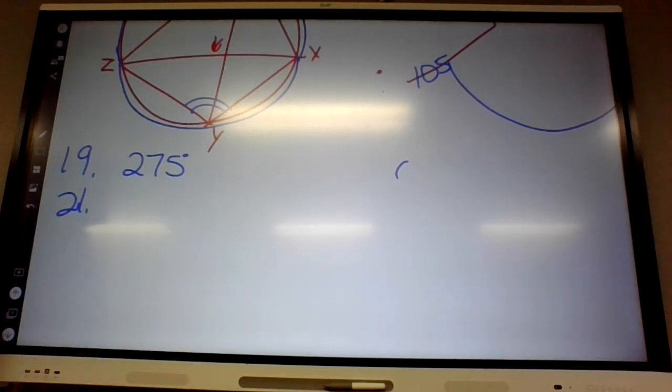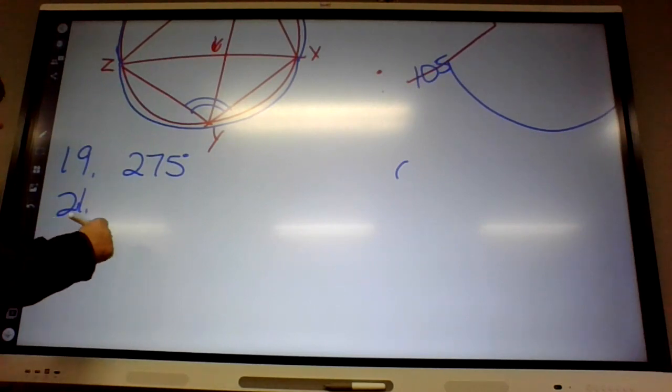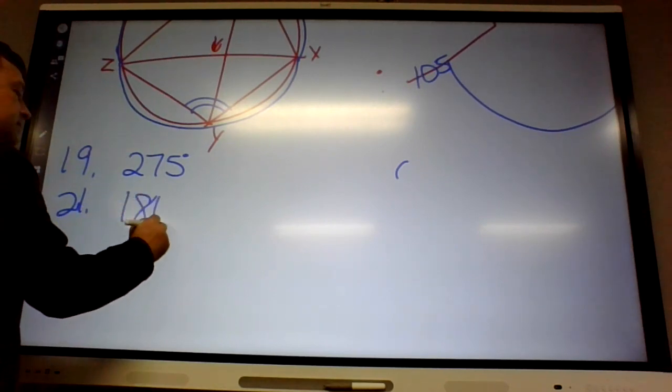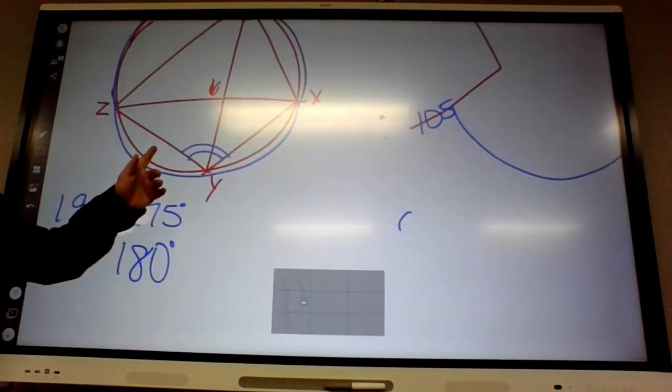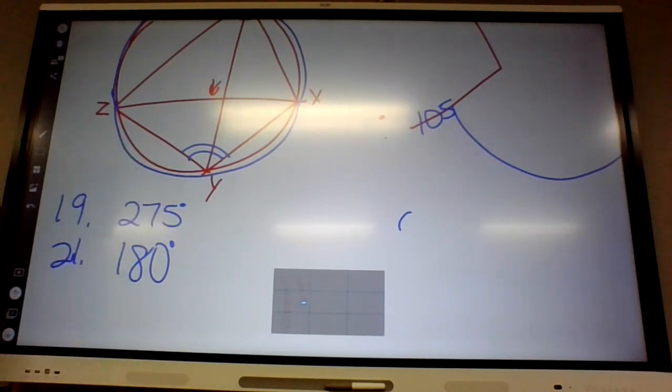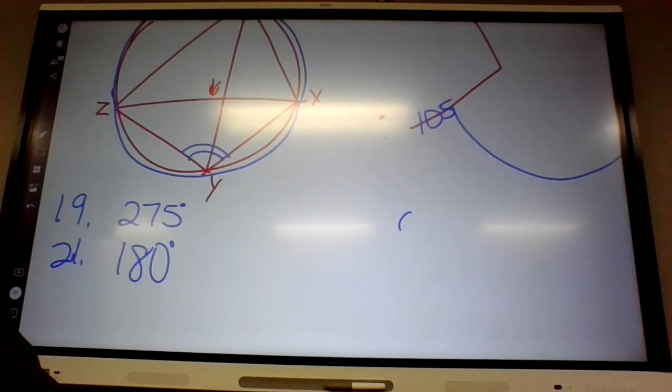Oh, it's 180, yeah. Okay. You didn't even say that at the beginning, though. Yeah, anytime you have an inscribed quadrilateral, the opposite angles always add up to 180 because of that. That was the trick.